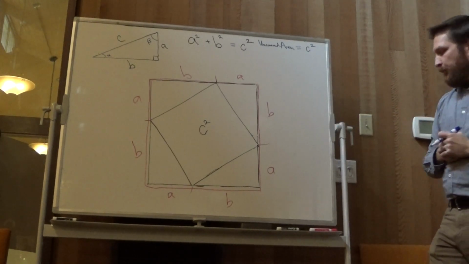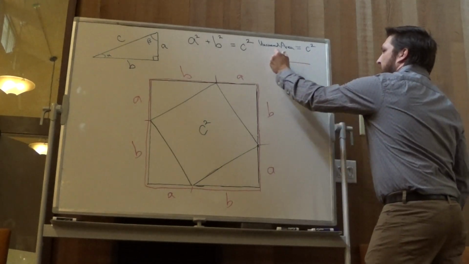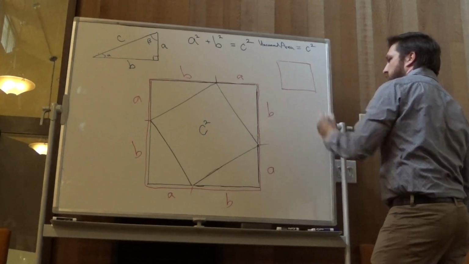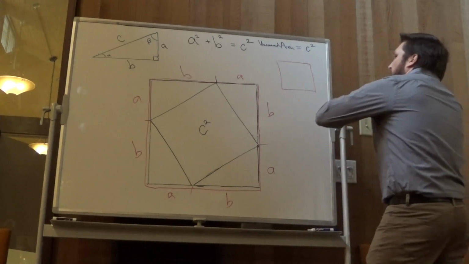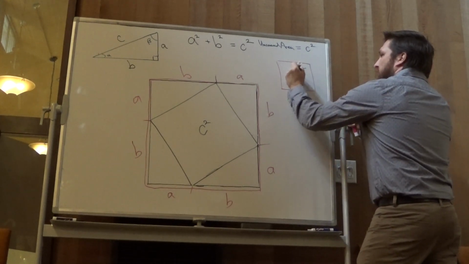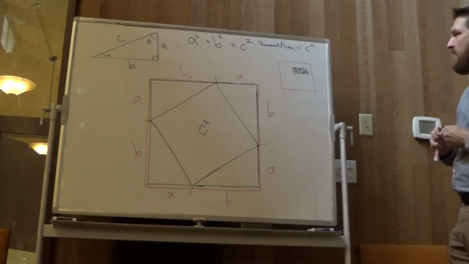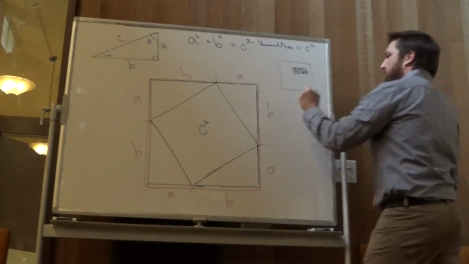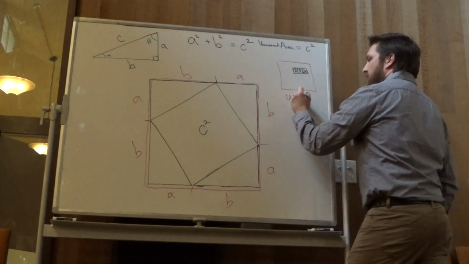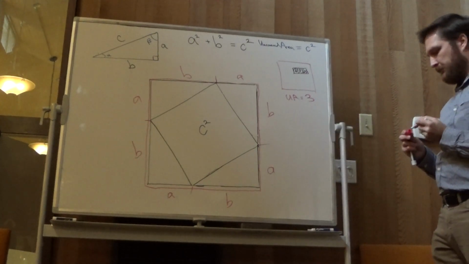Okay, now before we move on, let's just say that I had some box and I had some shape. I don't know, maybe it's just a rectangle like this, and I put the rectangle in the box, and I said that the uncovered area in that box is equal to, say, 3 square units.